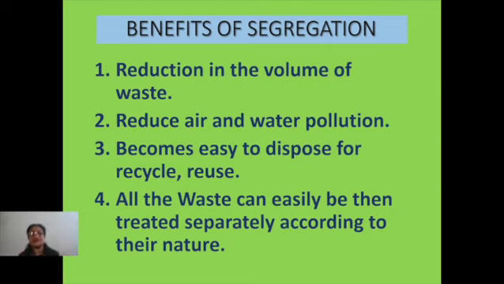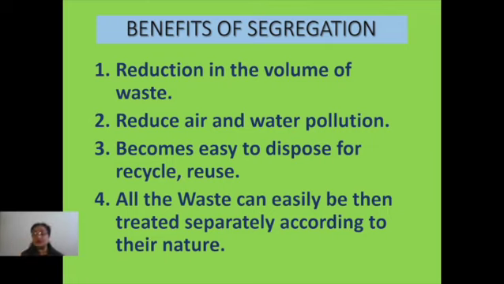What are the main benefits of segregation? The most important benefit of segregation, number one, is that it reduces the total volume of waste. I know that you will agree with this point, because when we separate the waste, out of all that waste, some things are taken out which can be reused, right? So that amount of waste has been reduced.